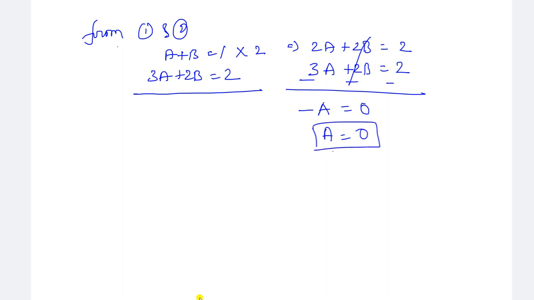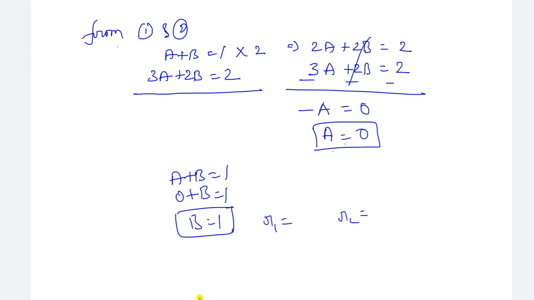So substitute the a value in that particular equation. a plus b equal to 1. So 0 plus b equal to 1. Then b is equal to 1 minus 0. So what is the b value? 1. So a equal to 0 and b equal to 1. Next, r1 is what? r2 is what? 3 and 2.